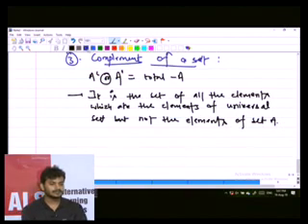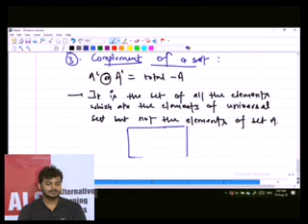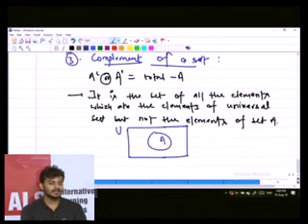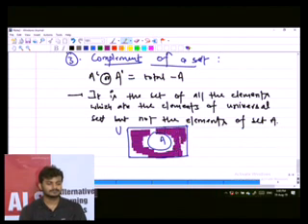Okay. So in the Venn diagram, if this is your universal set U and there is some set, let's say this is A, then what is A bar? This would be the A bar region. Okay, this is A bar.